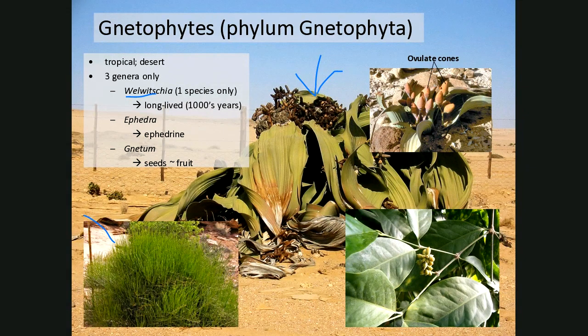And then Gnetum, the G is silent. The Gnetum, which have seeds, these are the ovulate cones of the Welwitschia, but this is what I'm talking about. Gnetum have seeds that are almost fruit-like. So once again, back to that whole idea with Aristotle and those rungs of the ladder. Here is a non-fruiting plant, right? Because gymnosperms don't make fruits.